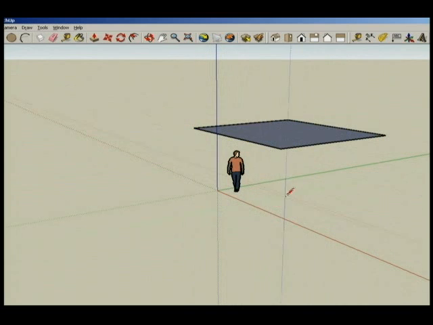Every time I pick a point in space, it's always relative to something else in space, like the ground plane, for instance. There's also this one little area where all three of these axes meet, the origin, and this is another known point in space.